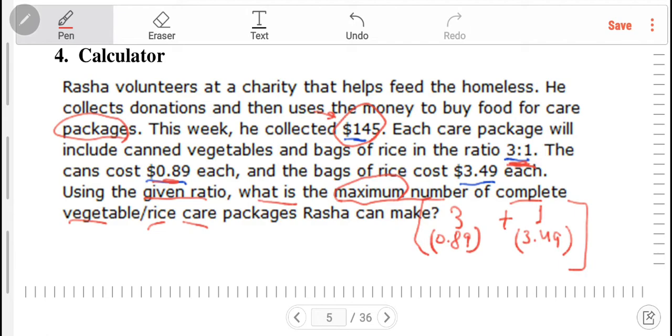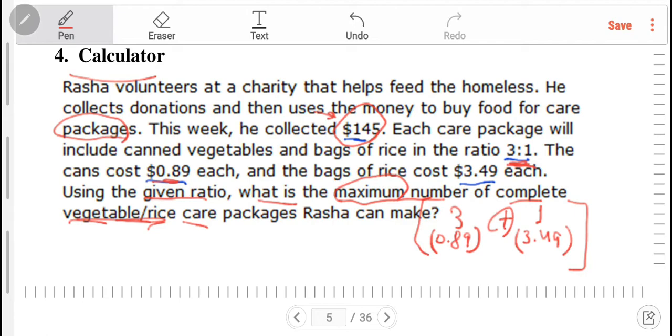It's okay. To reach the maximum number of complete vegetable rice care packages. Okay, mister, I think your calculator is allowed. Hurry up, please. And now we have to determine the product of 3 by 0.89, then add it to 1 times 3.49, right? Yes.